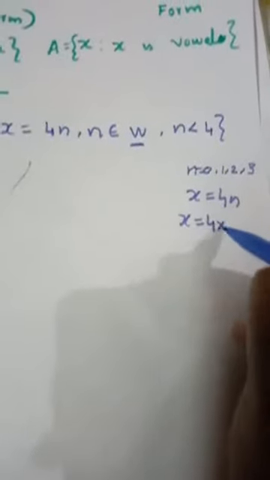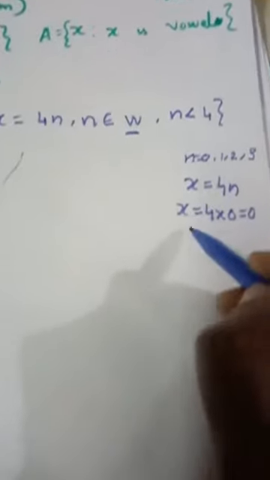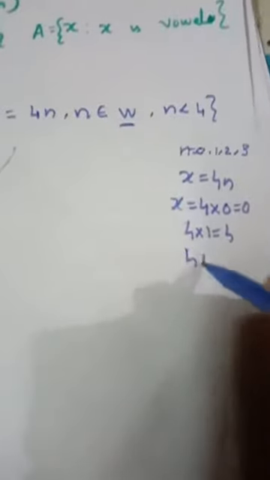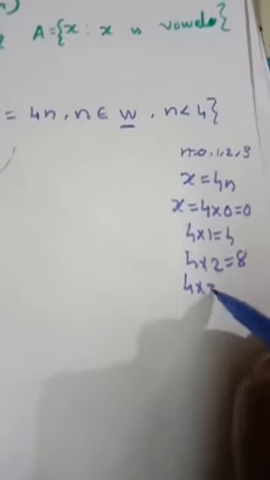First give the value 4 into 0, which is 0. Then 4 into 1, 4. 4 into 2, 8. 4 into 3, 12. We want to find the value of x.